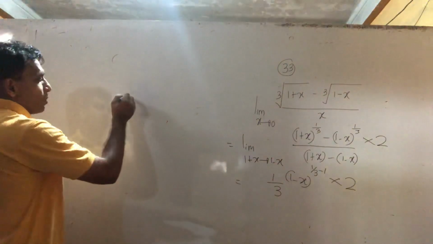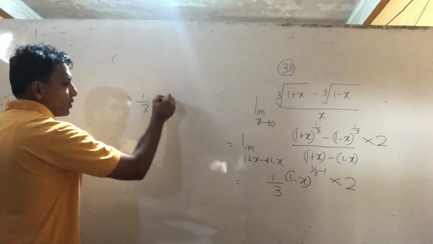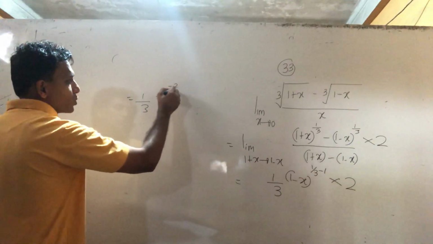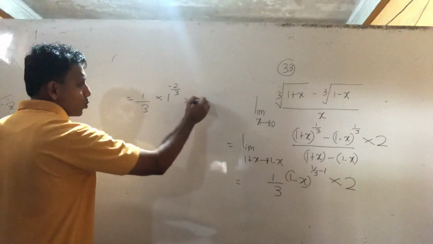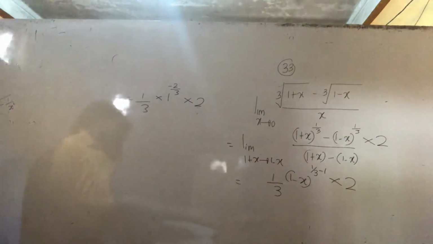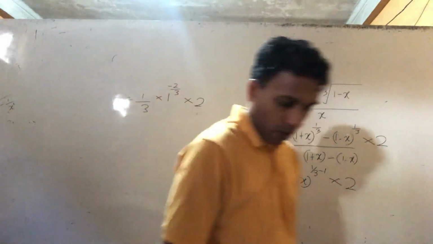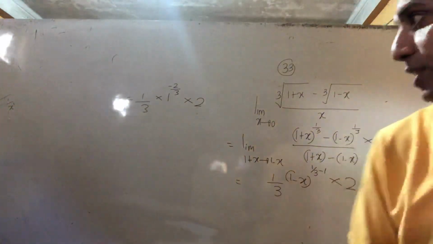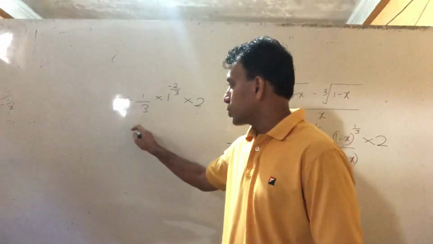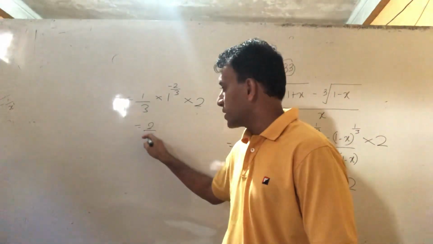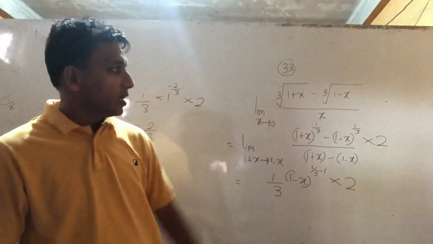The answer is what? 1/3 into 1 to the power minus 2/3 into 2. So simplify. That's the answer: 2/3. 1 to the power anything is 1. The answer is 2/3. I gave this as homework last class. I hope you completed it successfully. Then you can see this method.